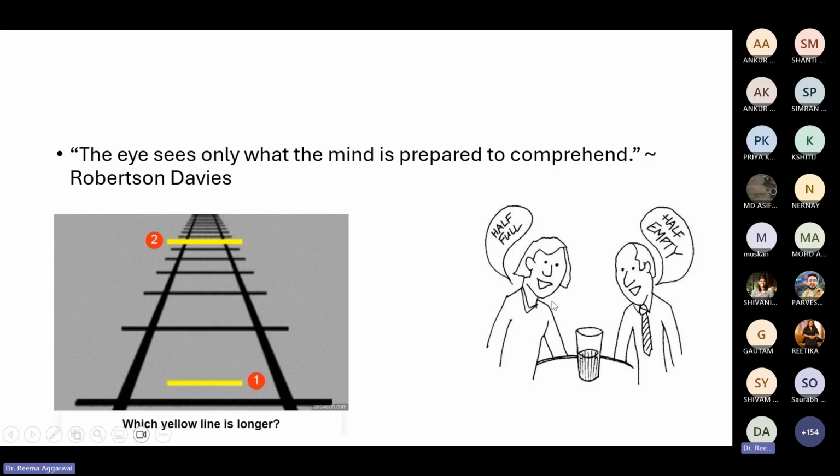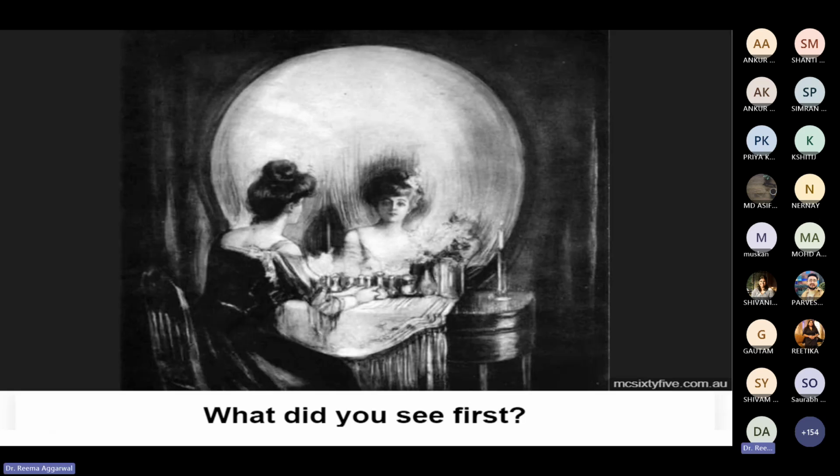So if there is one person who is saying this glass of water is half full, the other is perceiving that it is half empty. Both the situations are right, right? So again, it is a perception, how you're looking at the world. Second picture. What did you see in this picture first? If I will be asking the class, I will be giving you access to mic.